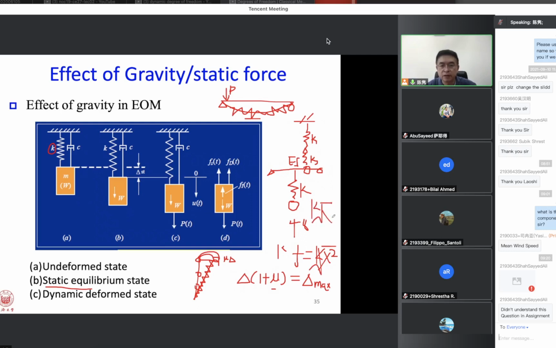So in that case, you need to start from here. So this is linear and this is nonlinear. Nonlinear means that the force and the deformation or displacement are not linearly connected.